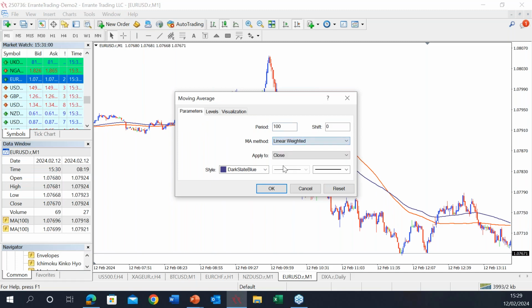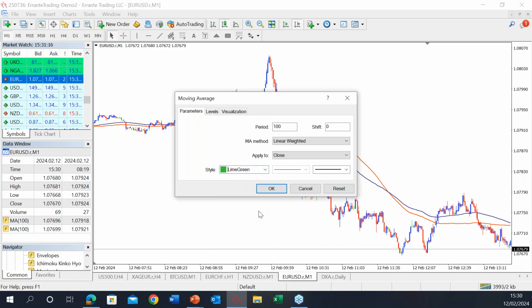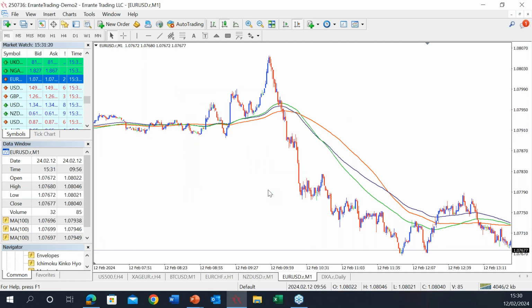So then try the other one. This time go for linear weighted. The linear weighted, as we mentioned, usually emphasizes the most recent prices boldly. So we expect it to be more sensitive to price movements.